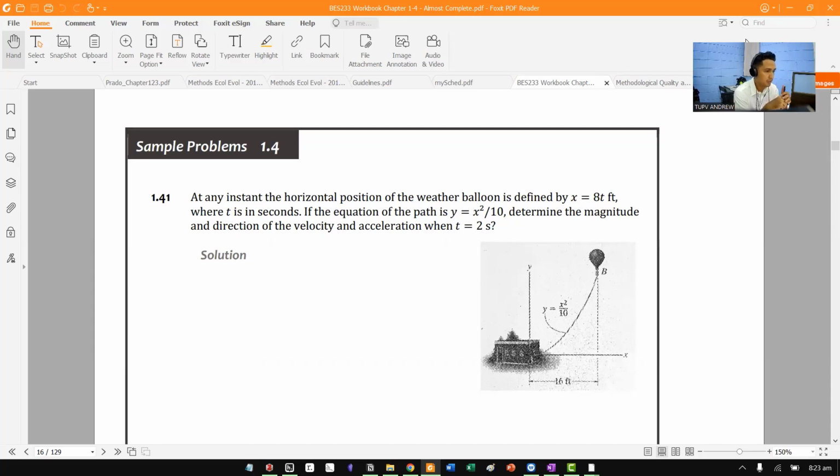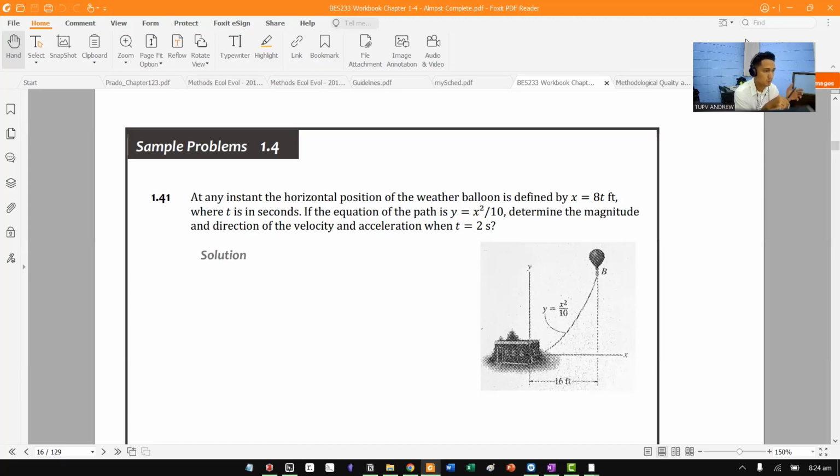Ang ginapakita is ang magnitude and direction ng velocity and acceleration. But ang given is one, ang displacement function along x is equals to 8t. And the other one is not the displacement function along y, but the path, which is in terms of y and x.